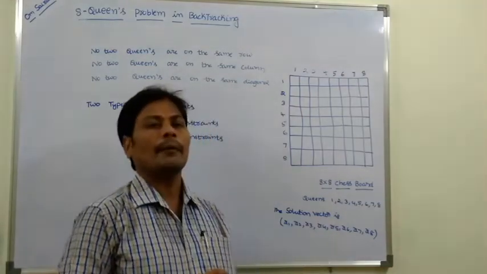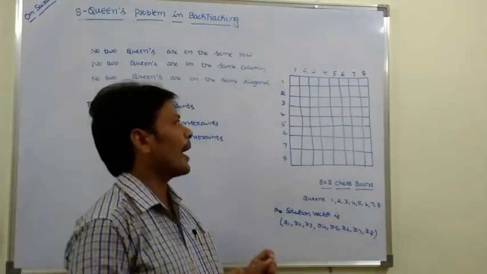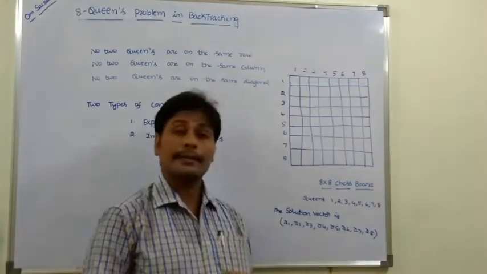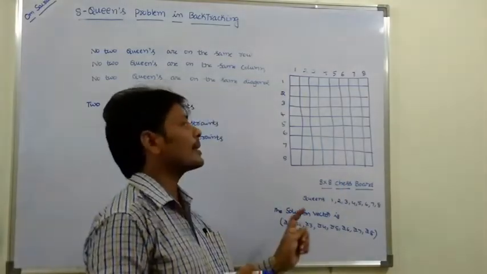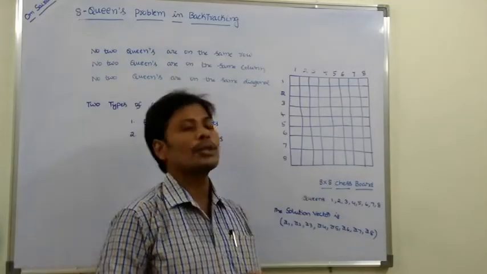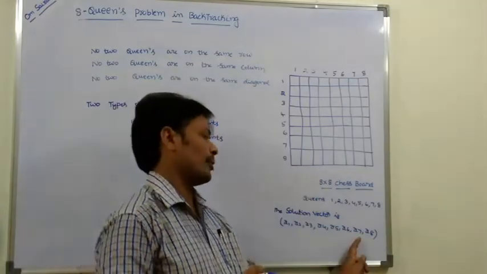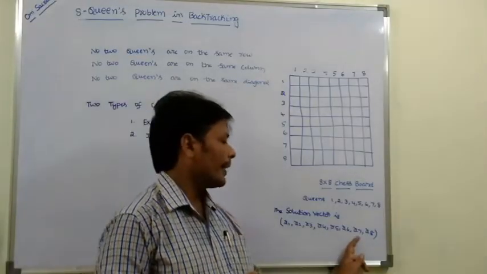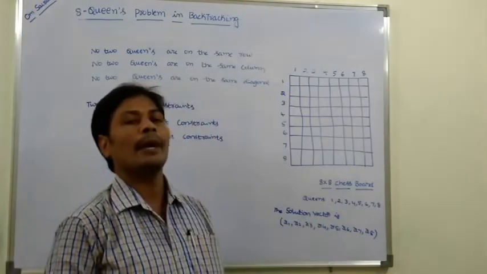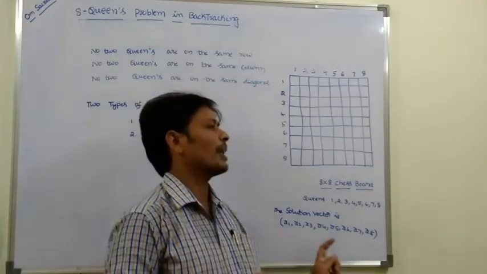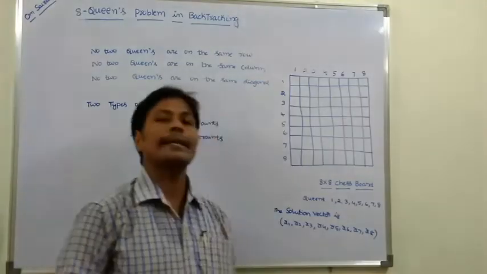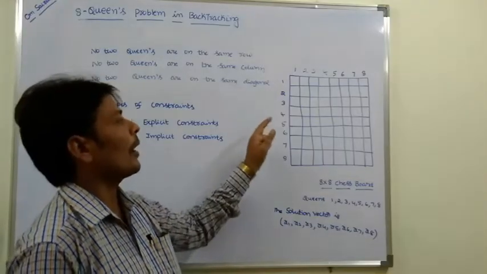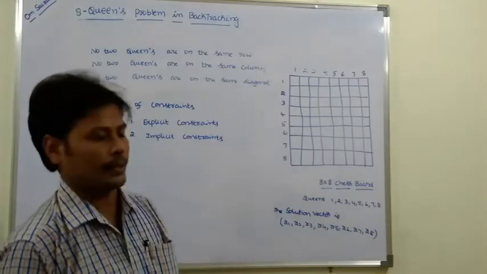x5 is in which column we have to place queen 5 in the 8x8 chessboard. x6 is the column on which queen 6 can be placed. x7 is where the 7th queen can be placed on the 8x8 chessboard, in which place we are placing. x8 is the column on which the 8th queen can be placed in the 8x8 chessboard.